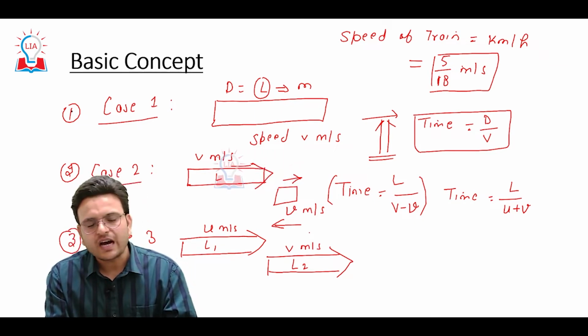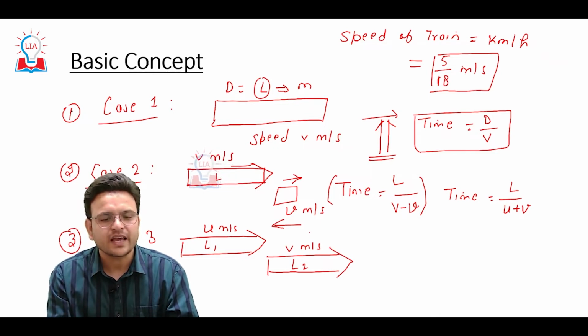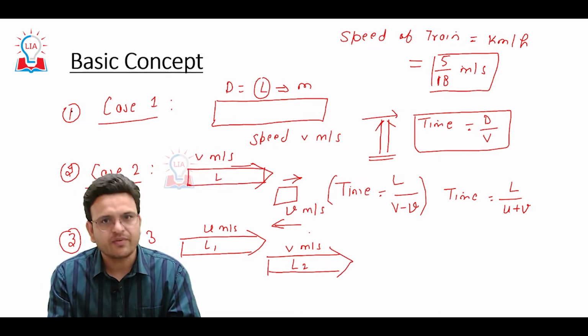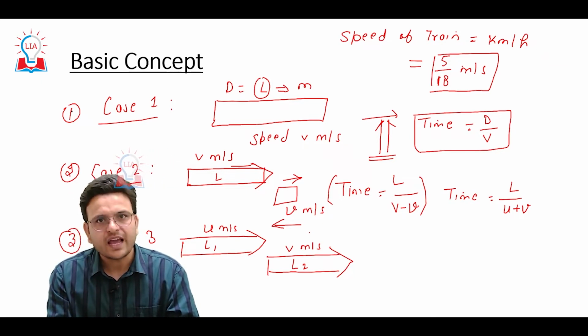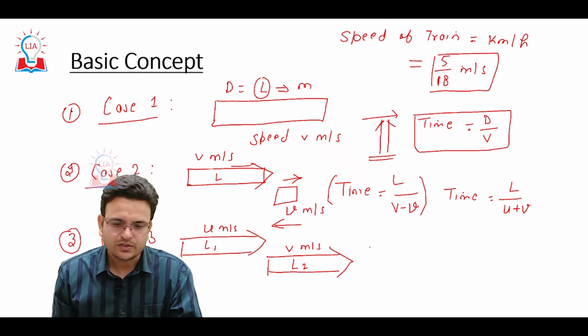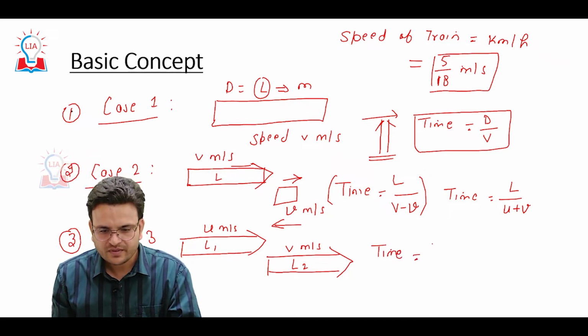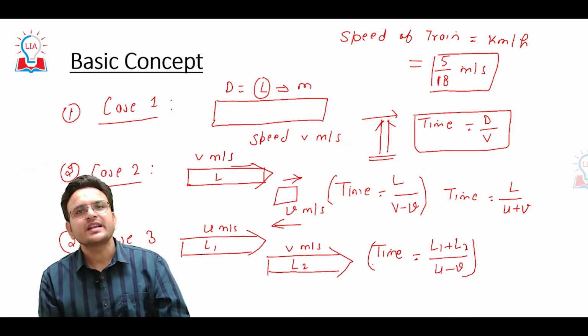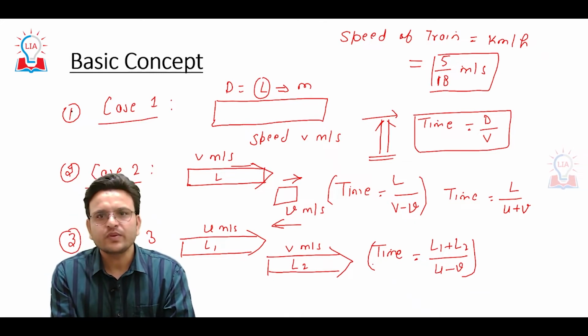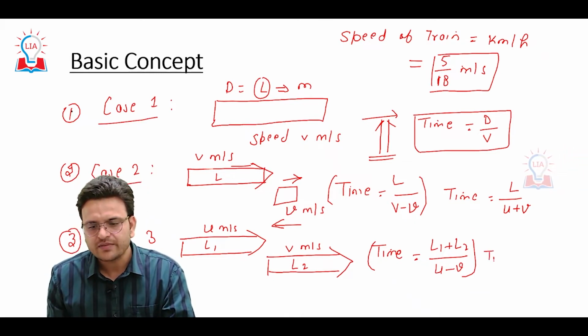When two trains are moving in the same direction, how much time will train L1, whose speed u is more than v, take to cross train L2? Time taken by L1 to cross L2 will be L1 plus L2 upon u minus v when they are moving in the same direction. When both trains are moving in opposite directions, they will take again L1 plus L2 upon u plus v.